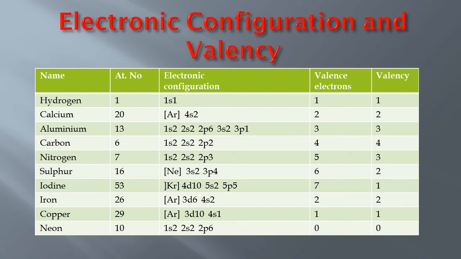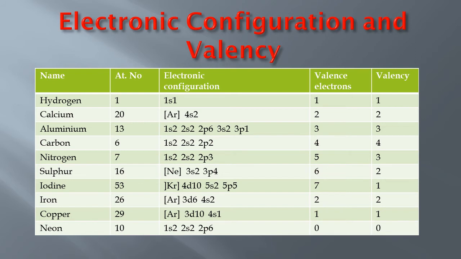Calcium 4s2, that means 2 electrons in the outermost orbit, valence electron 2, valency is 2. Aluminium 3s2 and 3p1, 3 valence electrons and the valency is 3. Carbon 2s2, 2p2, 4 valence electrons, the valency is 4. So, then coming to the next element, here onwards you will find some change.